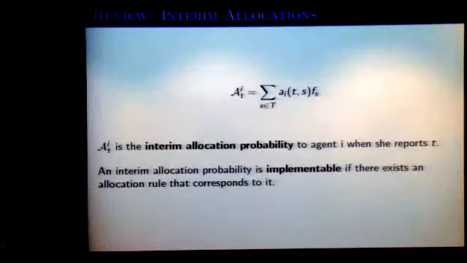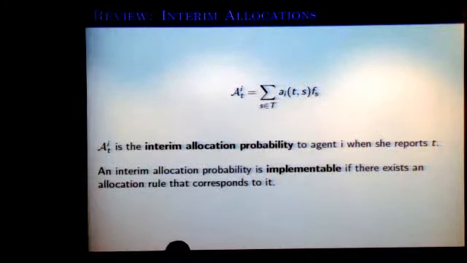Just to remind you, in this case, a direct mechanism will consist of an allocation rule and a payment rule, because I'm allowing transfers. Again, focus on the allocation rule. An allocation rule should really be a map from the profile of all the reported types to a probability of you getting the good.